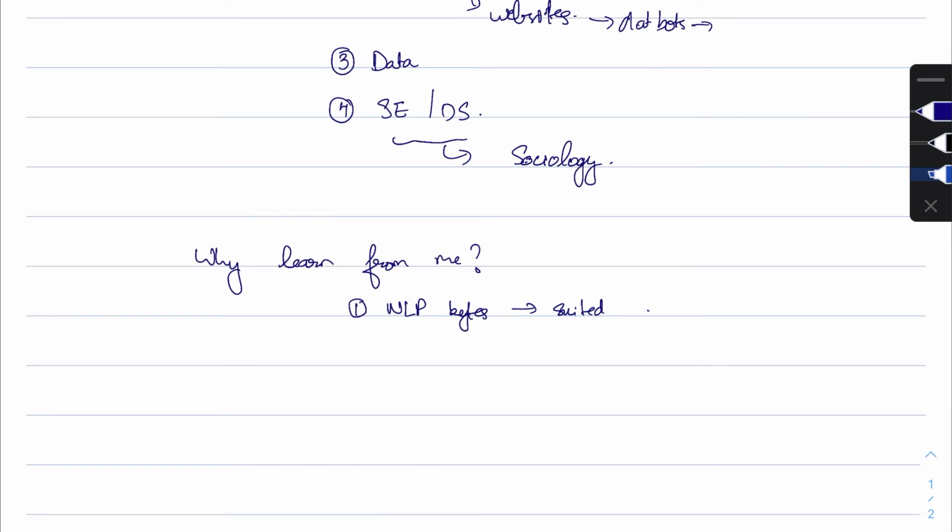And if you are a person who wants to go deep into a concept and understand why a particular algorithm was made the way it is, then this course is made for you, because I'll try my best to go into the depth of that algorithm and explain why it is the way it is, instead of just saying this is the algorithm and it is done this way, without explaining why.